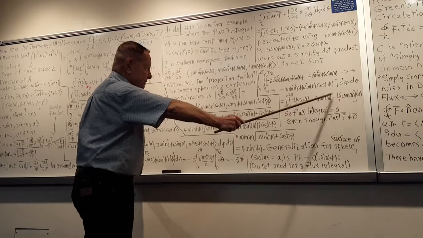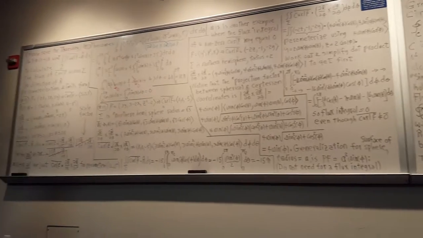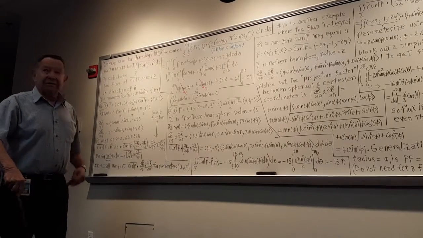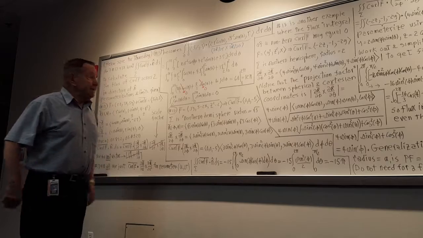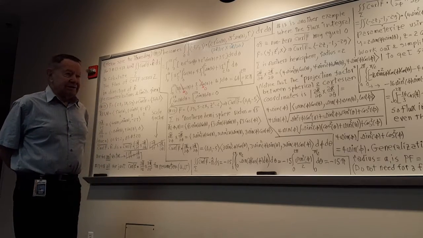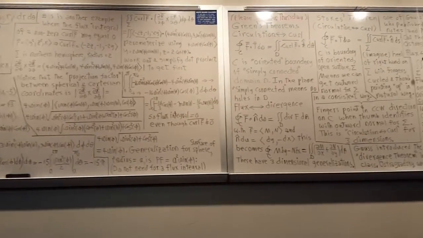So you have 0, 0, 0. So your flux integral comes out to be 0, even though that doesn't necessarily mean that your curl was. So let's look at some Maple here before we give up on this.